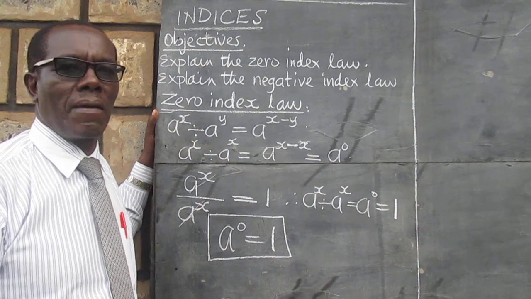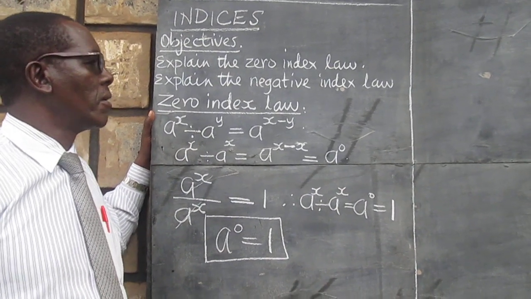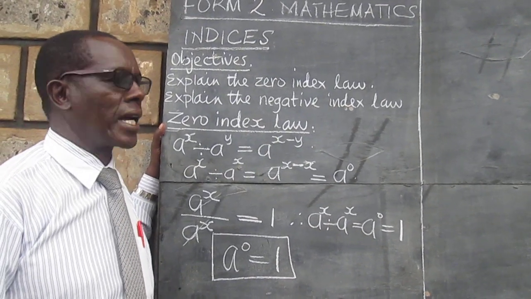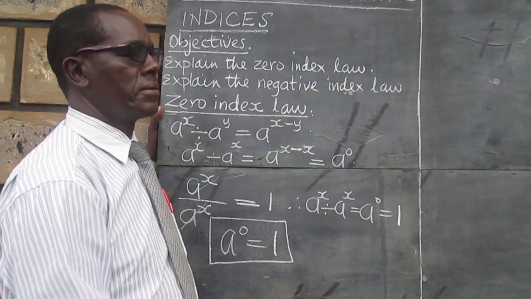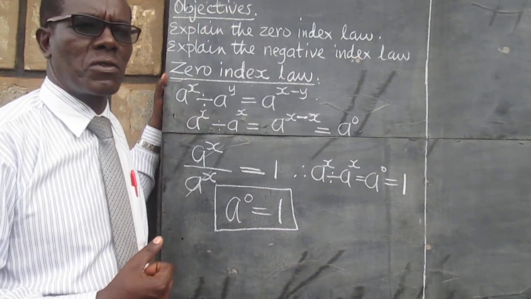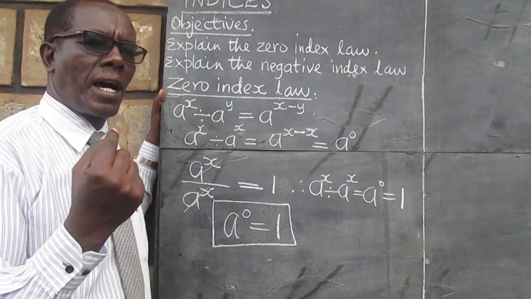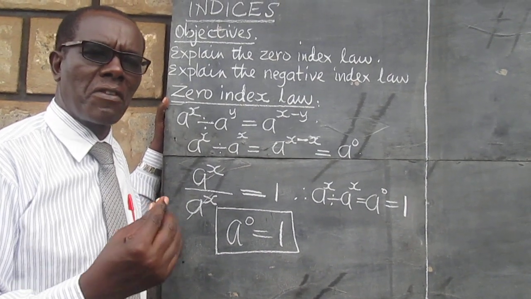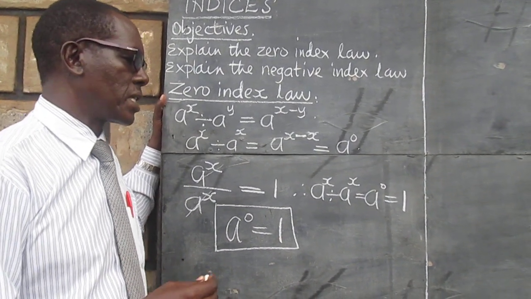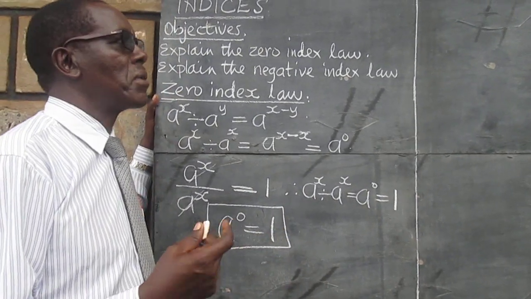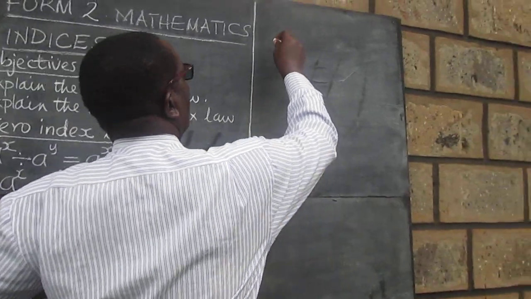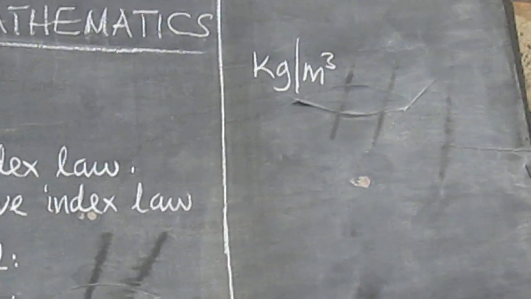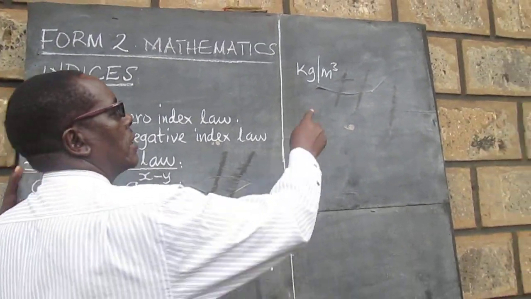We want now to go to our next law, which we call the negative index law. Again, from the objective here, we would like to explain this one. A good understanding of this one helps us see why, for example, when we are giving the unit of density, we say it is kilogram per meter cubed, and then we write it also as kilogram meter raised to negative 3.